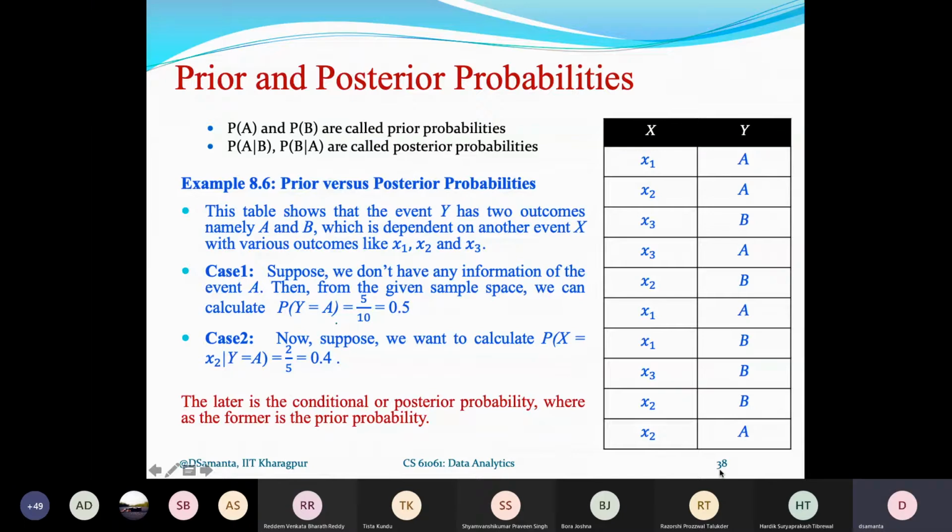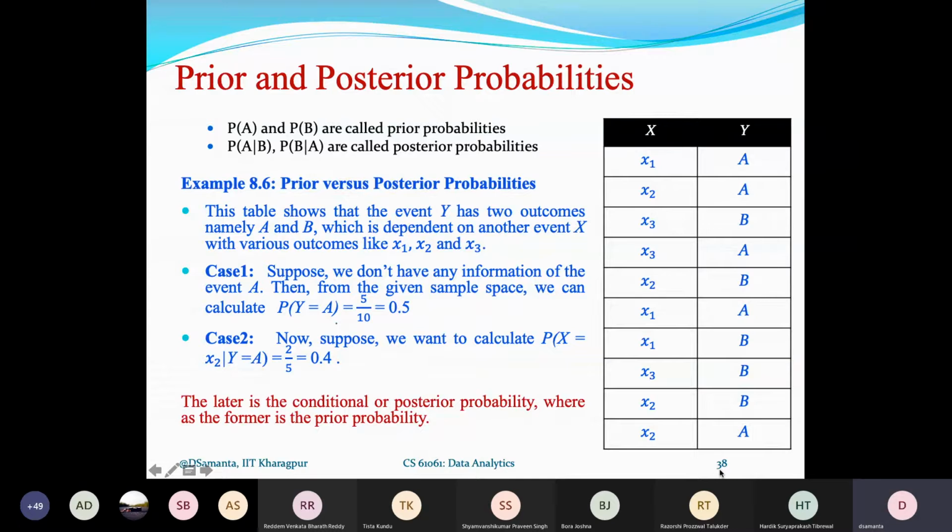For example, if the first record has the attribute value x1, then it belongs to class Y. And if the record has the attribute value x3, then it belongs to class B, and so on. So this is the test data.